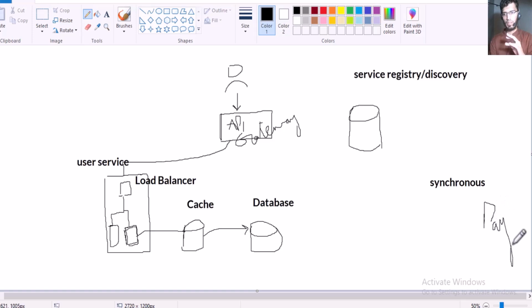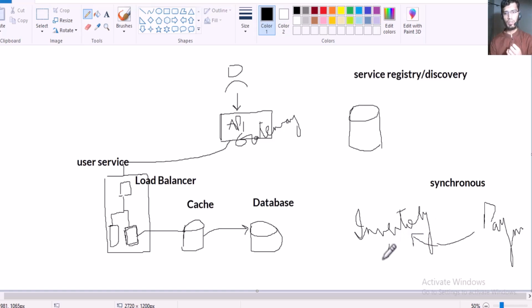In the buy now use case, after getting the network address of the inventory service, the payment service successfully calls the inventory service.